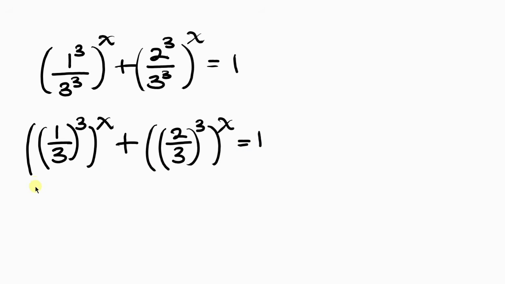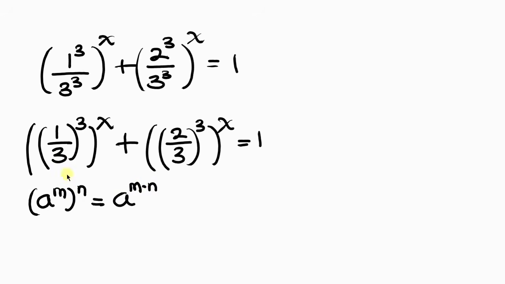Very good. Now from indices, whenever we have a to the power m, and we have another outside power, let's say n, this means we write down the base and we multiply the powers, so m times n.